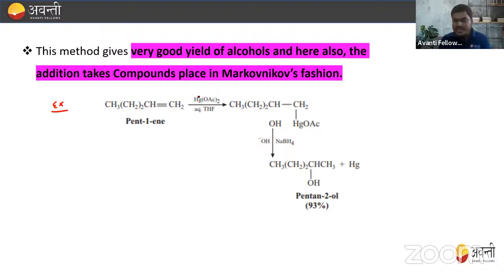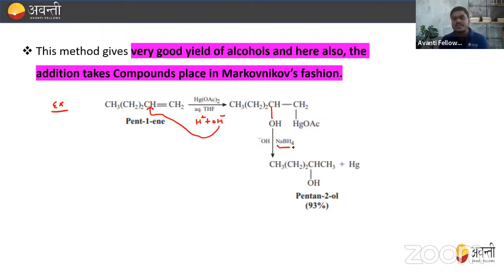Now HgOAc, that is mercury acetate, in aqueous THF. So we also have H plus and OH negative. This OH negative goes to this carbon, and this HgOAc goes to this CH2.